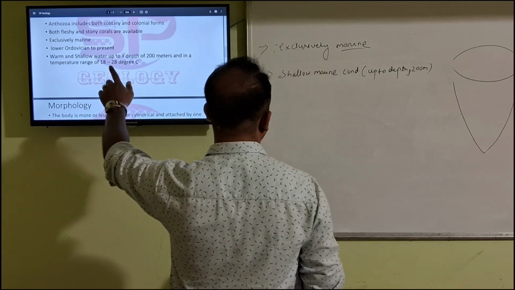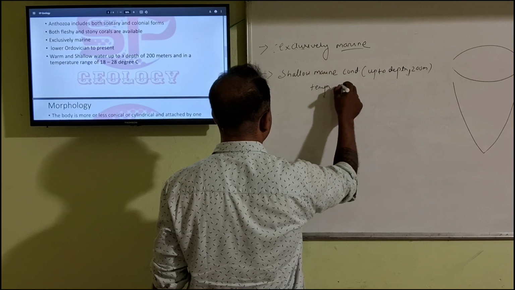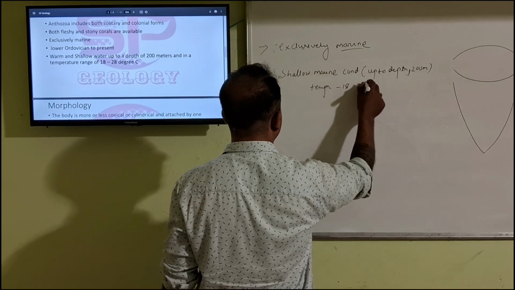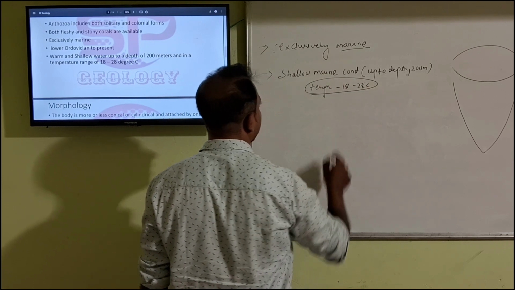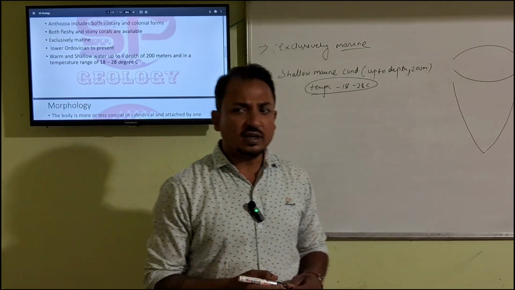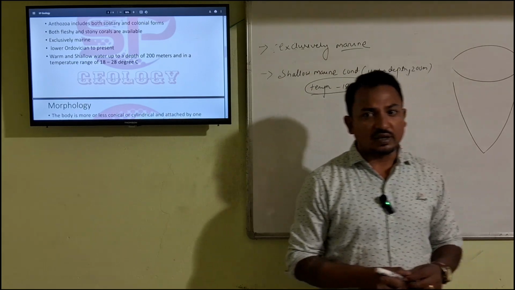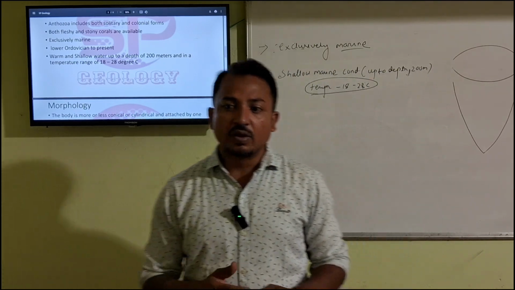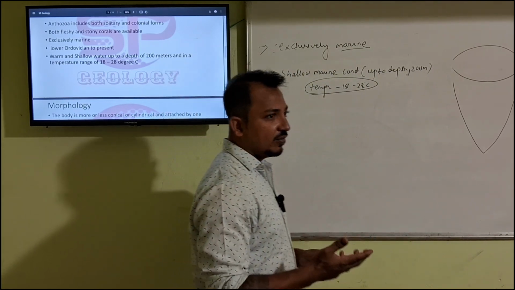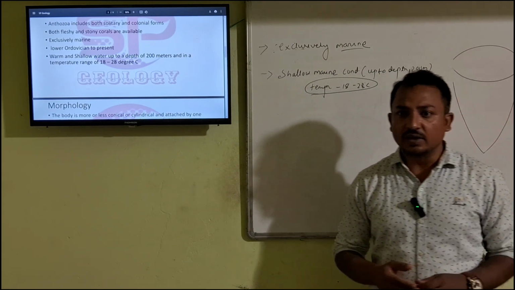This is the most important thing: the temperature ranges from 18 degrees to 28 degrees centigrade. If the temperature rises above 30 degrees, then the coral will die. If the depth increases, the coral will die. So the coral colony is very important in the perspective of marine ecology.